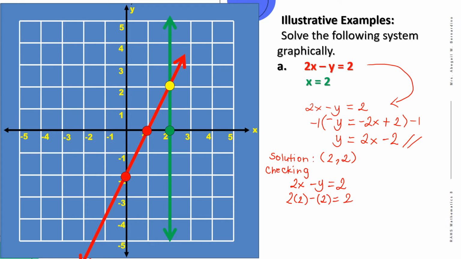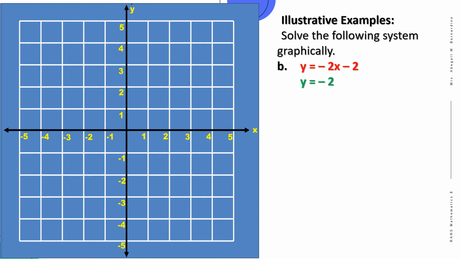Next, we're going to multiply. 2 times 2, the answer is 4. Minus 2 is equal to 2. Then 4 minus 2, 2 is equal to 2. So the statement is true. So we have the final answer, the solution, 2, positive 2.